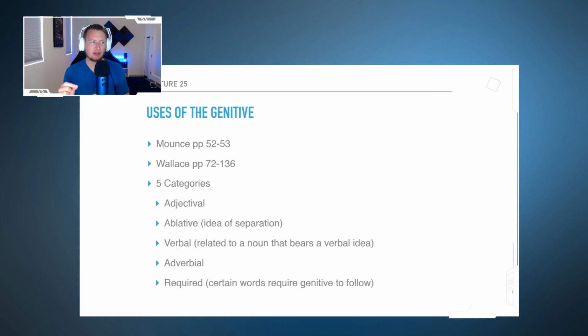Okay, so typically with nouns that come from the same root as a word that also has a verb, you could be dealing with a verbal genitive. There's the adverbial, where it's modifying a verb. There's required, where certain verbs require genitive to follow. Okay? So those are the 5 main categories.